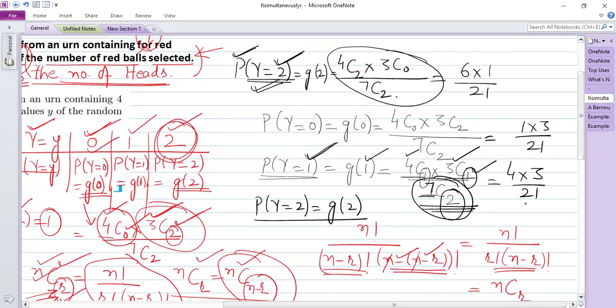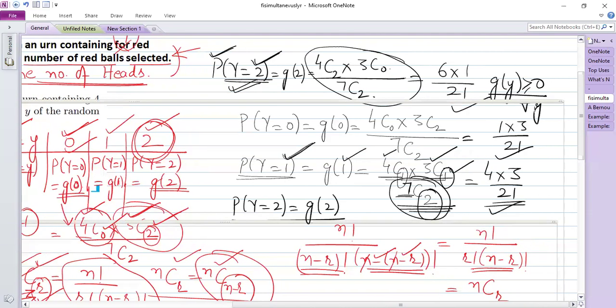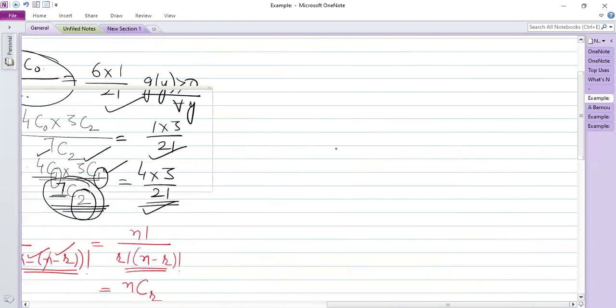The value of 7C2 is 21. Now, if you add all these, the answer will be 1. And obviously, even here, g at y is never negative for any value of y. And moreover, the sum of all the values.